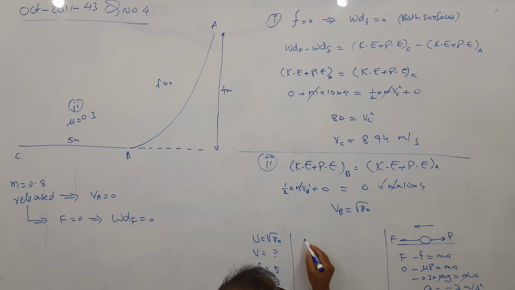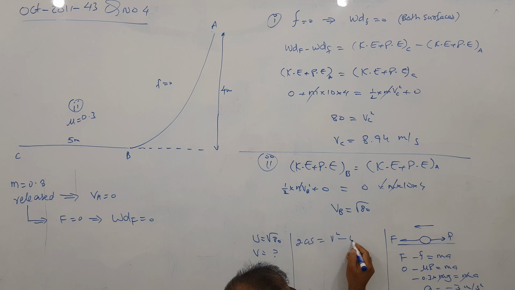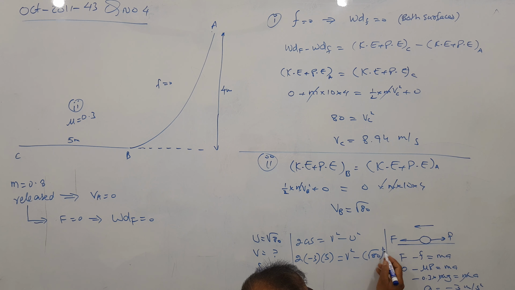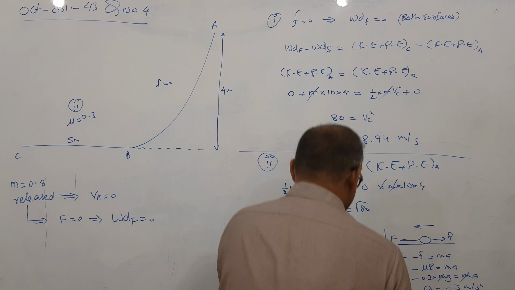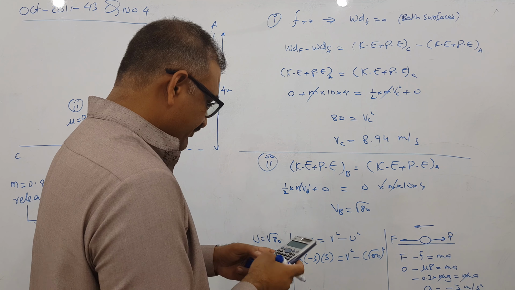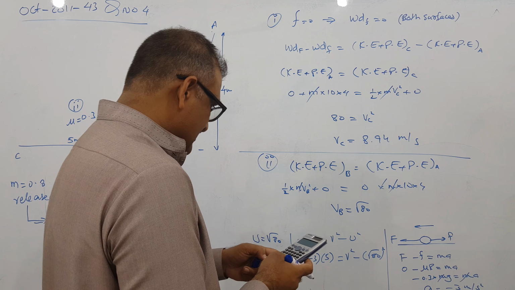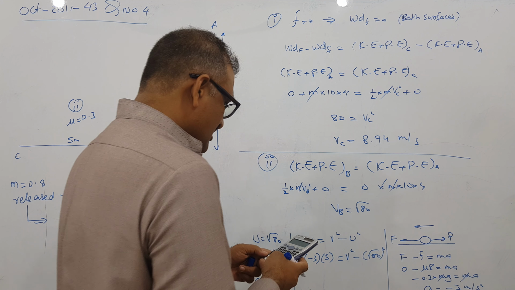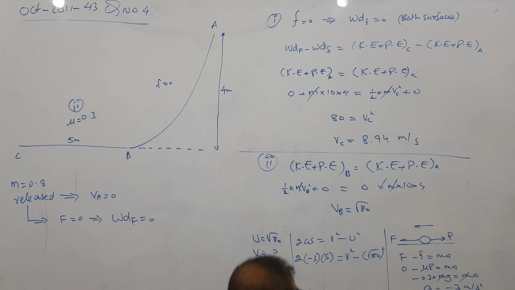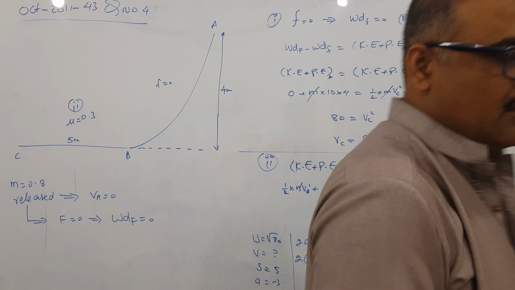So now I have the acceleration, minus 3, and the formula v squared equals u squared plus 2as: 2 times negative 3 times 5. The final speed v is the question, and u is root 80 squared. Let me check once again.